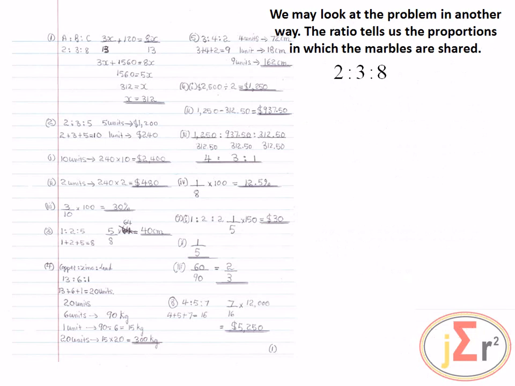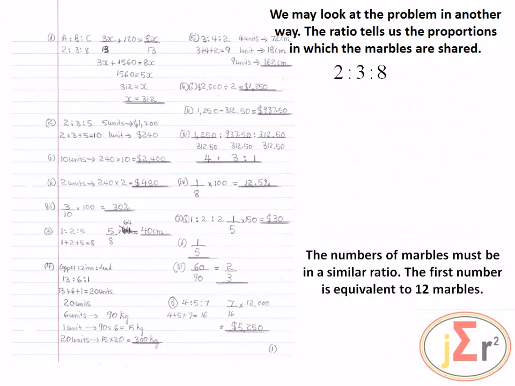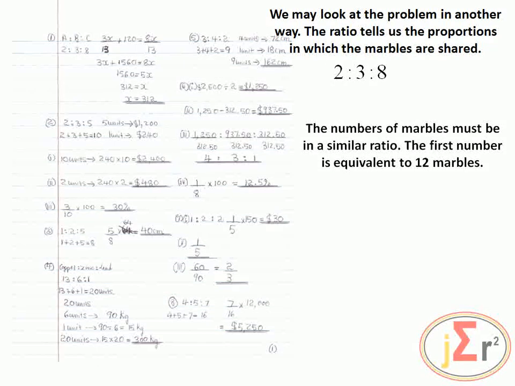We may look at the problem in another way. The ratio tells us the proportions in which the marbles are shared. The numbers of marbles must be in a similar ratio. The first number is equivalent to 12 marbles. What is that statement saying?